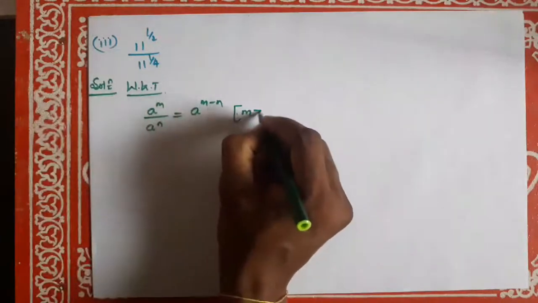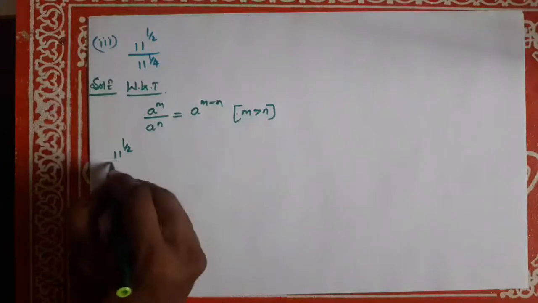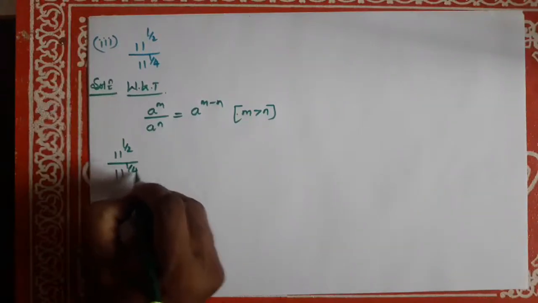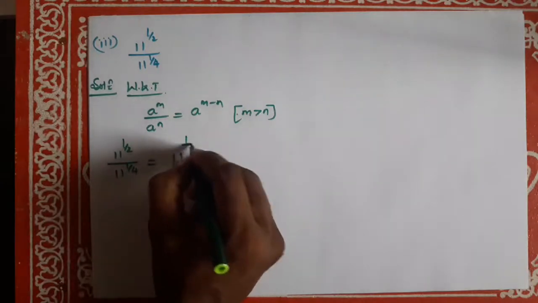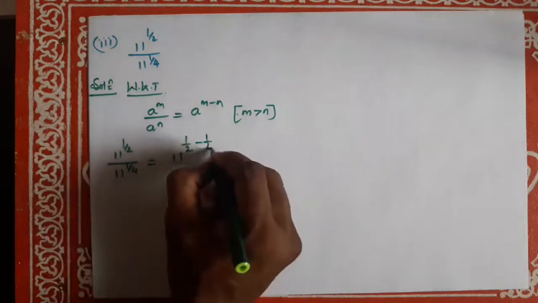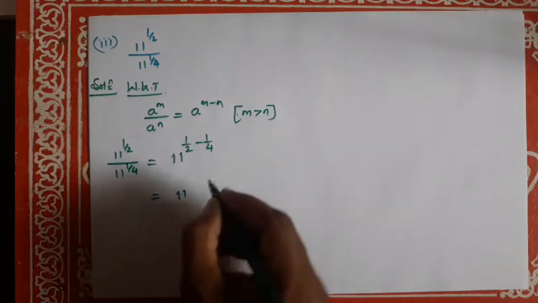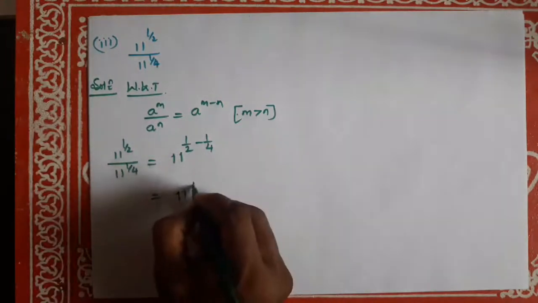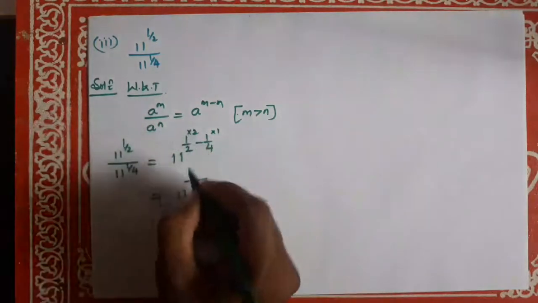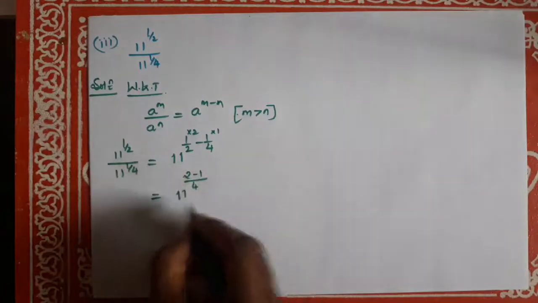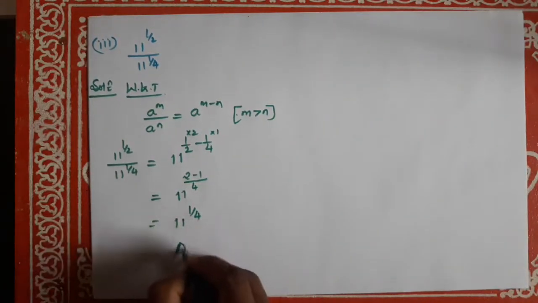Here m is greater than n, so 11 to the power of 1 by 2 divided by 11 to the power of 1 by 4 is equal to, if bases are the same, 11 to the power of 1 by 2 minus 1 by 4, which is equal to 11 to the power of, the LCM of 4 and 2 is 4. 2 2s are 4, 4 1s are 4, 2 1s are 2, minus 1 is equal to 11 to the power of 1 by 4. This is the answer.